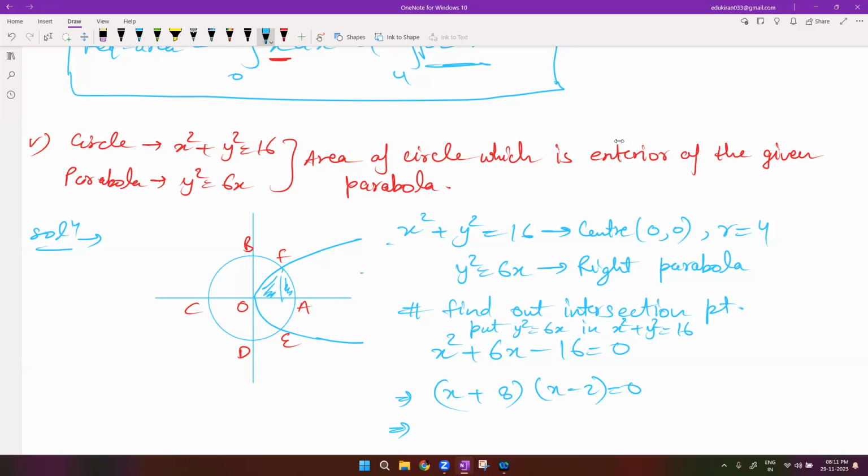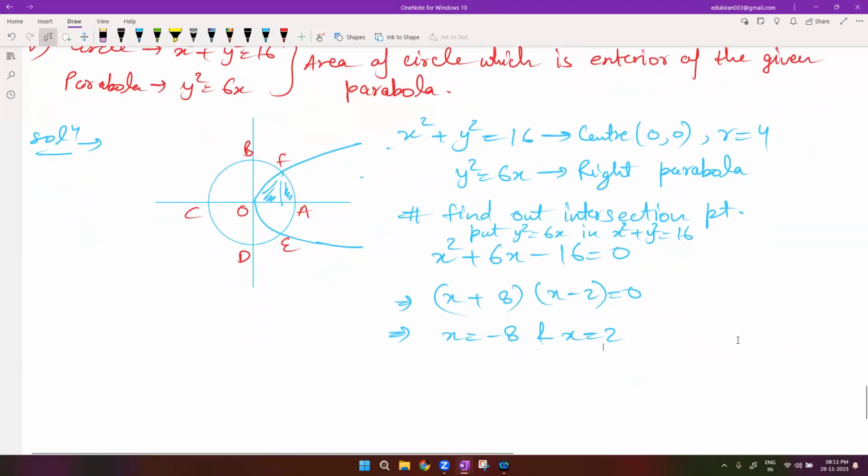Which means that x is equals to minus 8 and x is equals to 2. x is equals to minus 8 is not possible. Why? Because x can never be negative in this case.